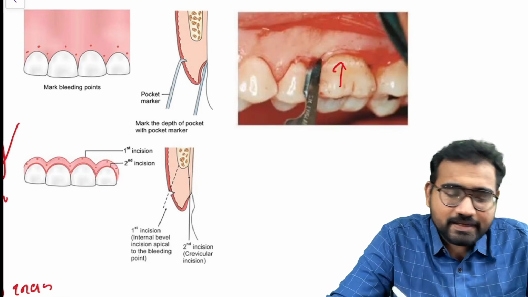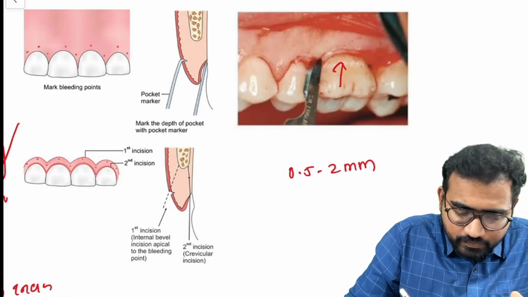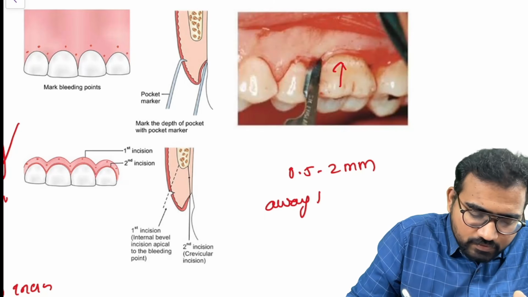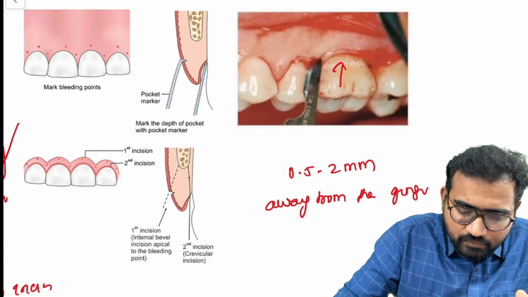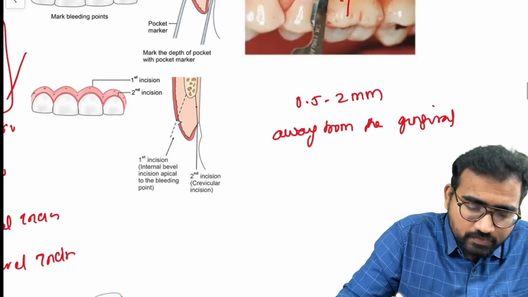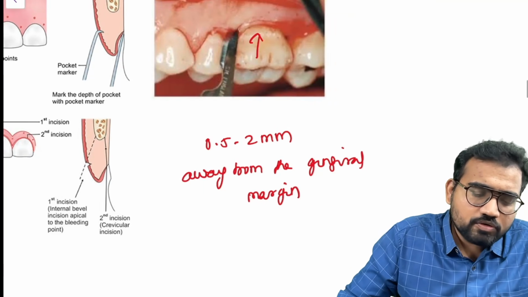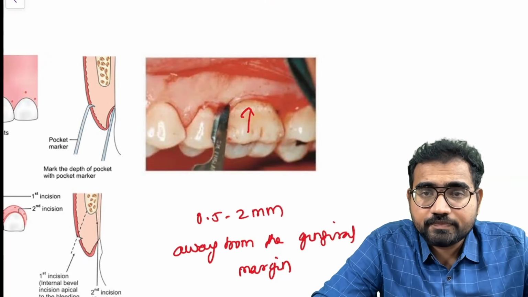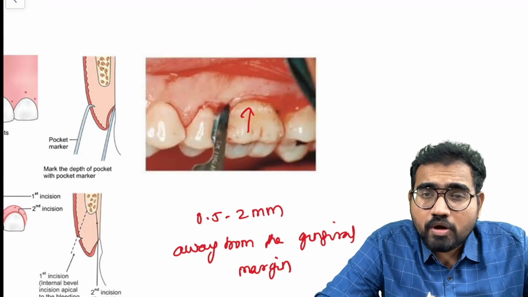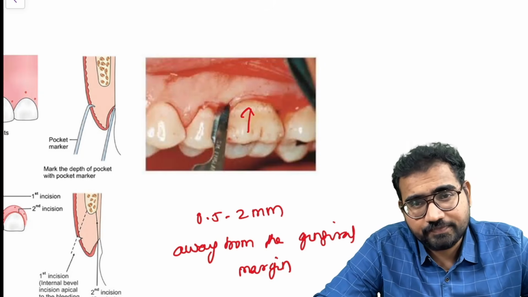What is that slightly? 0.5 to 2 mm away from the gingival margin. The internal bevel incision starts 0.5 to 2 mm from the gingival margin.